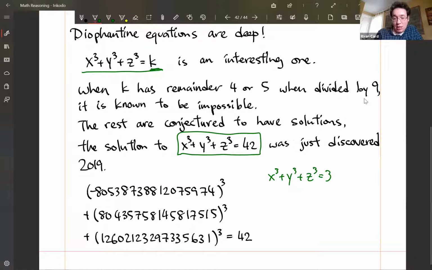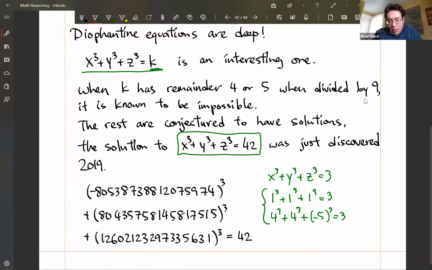This one is actually not difficult to solve. So 1, 1, 1 works. And if you look hard enough, you could also show that this is another solution. But for the longest time, for more than 60 years, I think, people couldn't find any other solution.